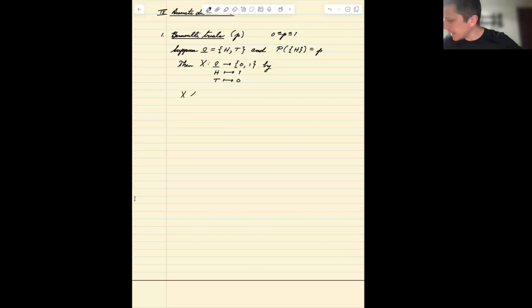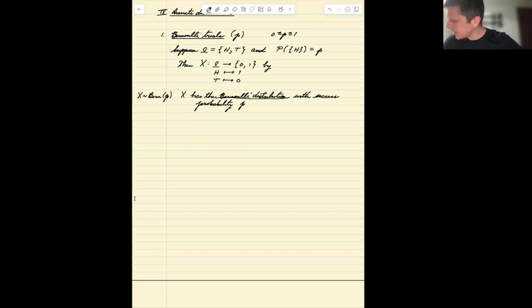Then X has the Bernoulli distribution, and X is called a Bernoulli random variable with parameter P, or sometimes success probability parameter P. And the way that we would write this would be X is Bernoulli(P).